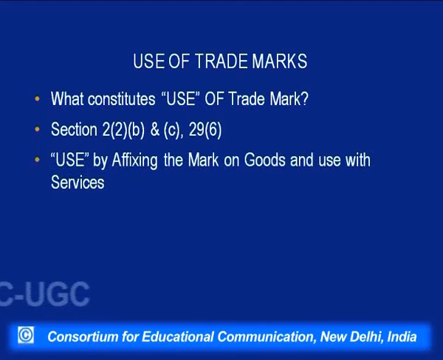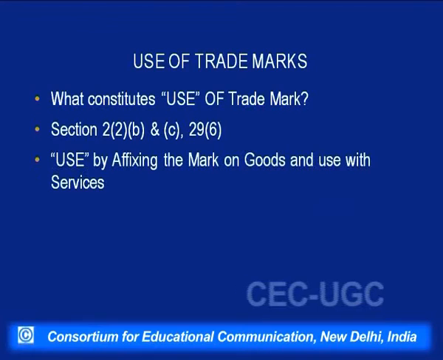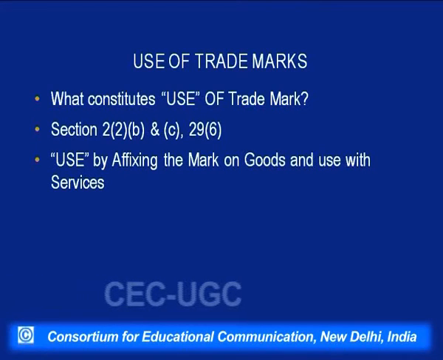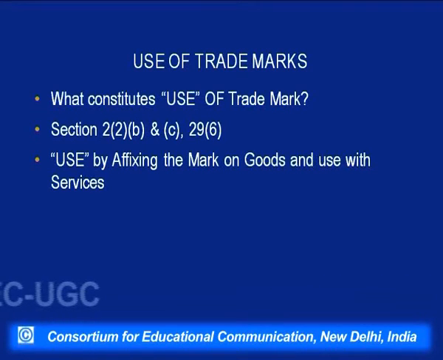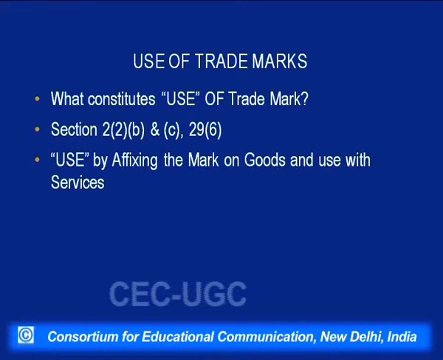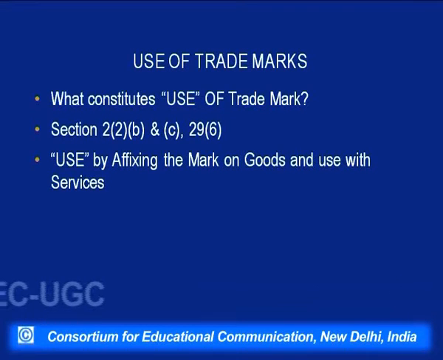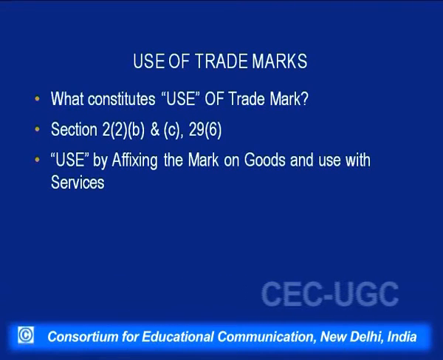As far as Section 2(b) and (c) is concerned, use can be made by affixing the mark on goods or by using the trademark with the services. When you offer the services, you give it a name. That is a proper use and can be called a use of the trademark. And use is necessary. Without using it, you cannot get it protected, you cannot get it registered.